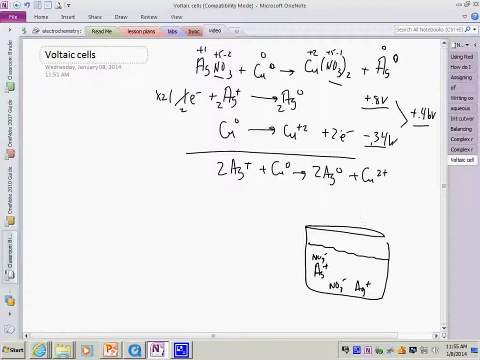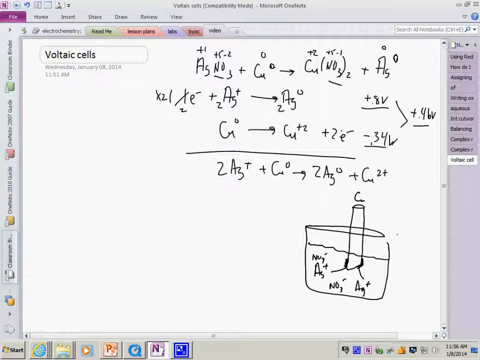Drop in a copper stick, sometimes referred to as a post, and on this thing, simultaneously, two silvers come up and grab electrons. They form solid silver around the outside of this thing.